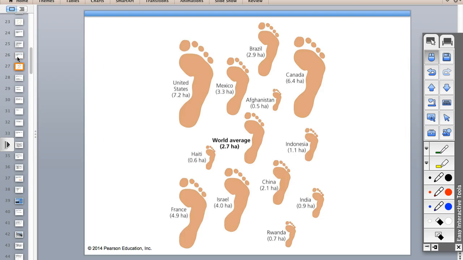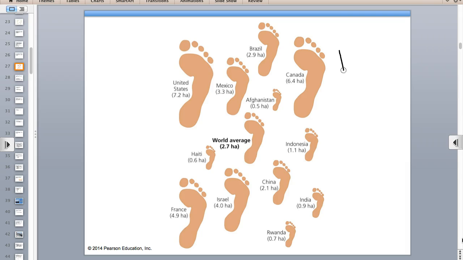This picture's on your test. This is your ecological footprint. Notice it has an HA there. The HA means hectare, and that's 2.47 acres. So it's just a unit of area. But anyway, if we make comparisons to the world average, our ecological footprint is 7.2. The world average is 2.7.